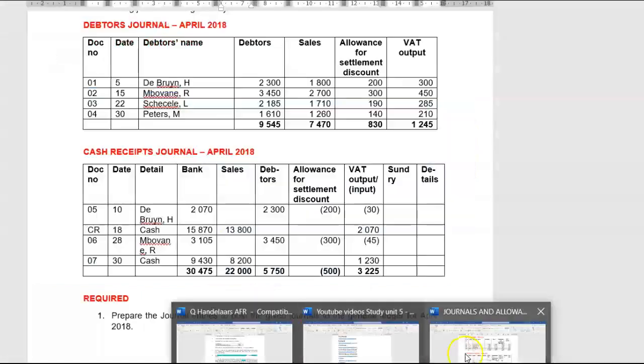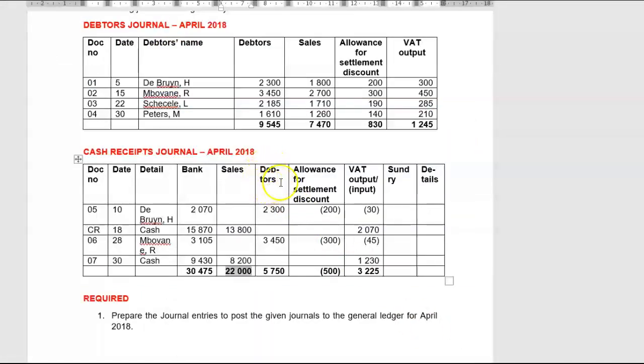Then if we go back here, we would say that the debtors that we want to clear out of our books would have been that amount. And here was another one, Mbavani, where the invoice amount was 3450, so against the debtors was 3450. What amount did we receive? 3450 times 90%, which is the 3105 in our bank column.